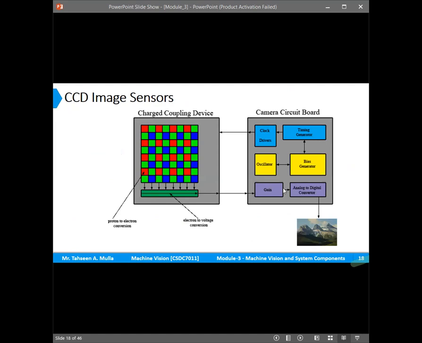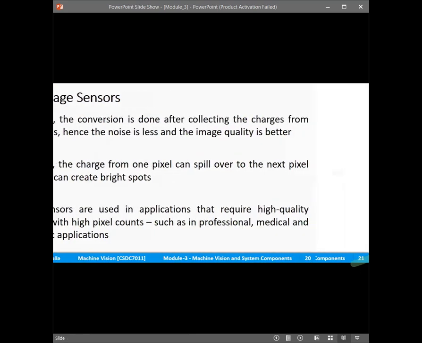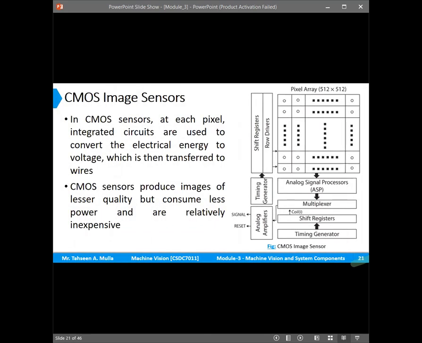This was an extra circuit board that needed to be attached to be able to identify the image. Whereas in CMOS we have those blocks inbuilt on this board. So it is very easy for us to convert the stored energy into electrical energy, which is then transferred to the wires.